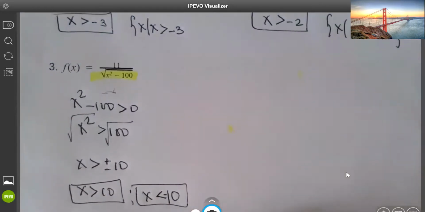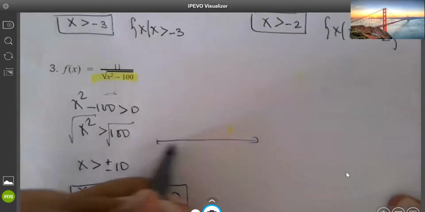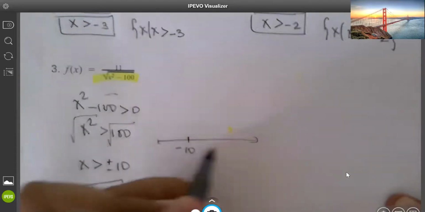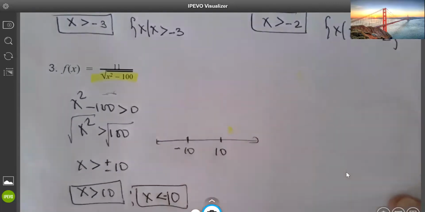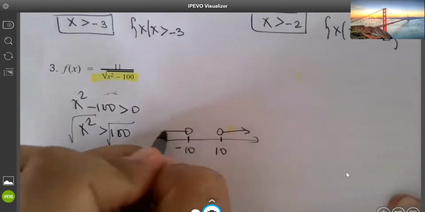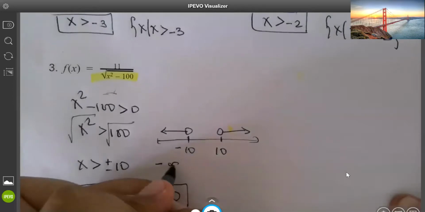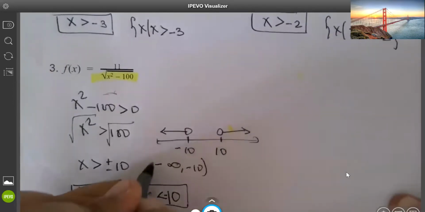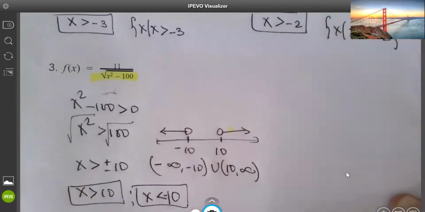So there you go. If you're going to draw a line graph for this, this one is negative 10, this one is positive 10. Strict inequality. So open circle, going to the right, and this one is going to the left. So this one is negative infinity up to negative 10, union 10 up to positive infinity.